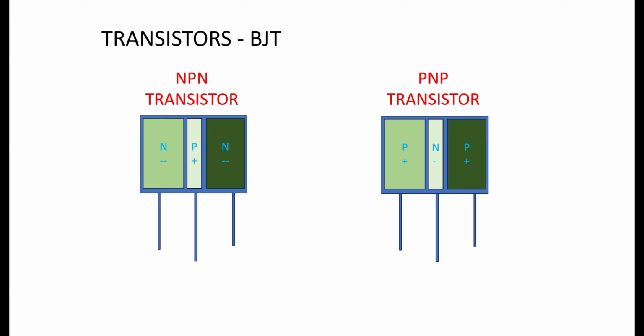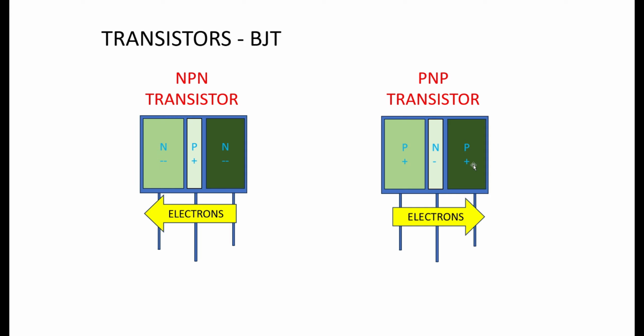The main difference between the two is the direction in which the electrons flow. With the NPN transistor, the electrons move from the highly doped semiconductor to the lightly doped semiconductor because this has more electrons, this has less electrons, and the electrons want to flow this way. But in a PNP transistor, the electrons want to move the other way, right?